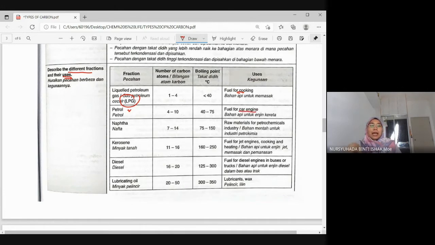Apa beza, siapa yang selalu teman parents dia isi minyak? Apa beza RON 96, RON 95, RON 97, V-Power, apa beza? Apa beza minyak-minyak yang ada tu?